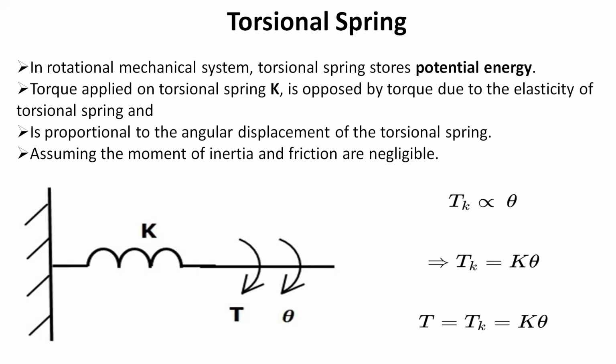Assuming, as usual, the moment of inertia and friction are negligible, we get Tk is proportional to theta, where T is the applied torque and Tk is the opposing torque due to the elasticity of the torsional spring. K is the torsional spring constant and theta is the angular displacement. So ultimately we get T equal to Tk equal to K theta.